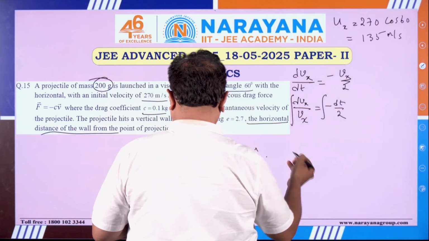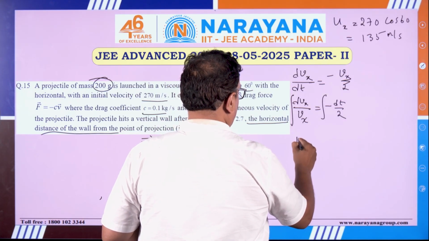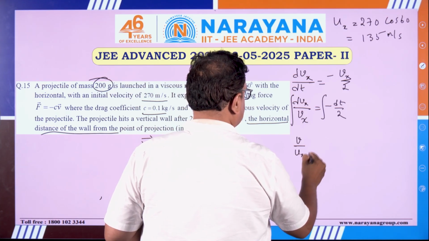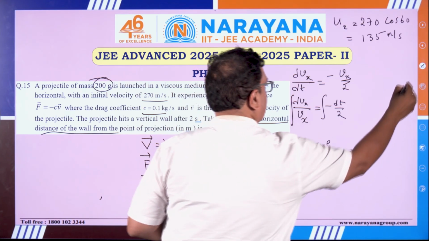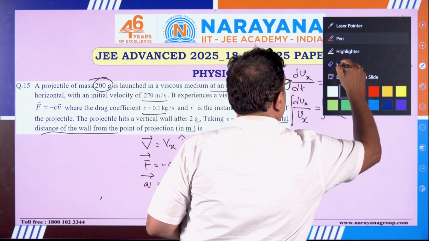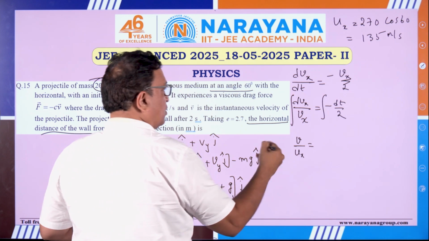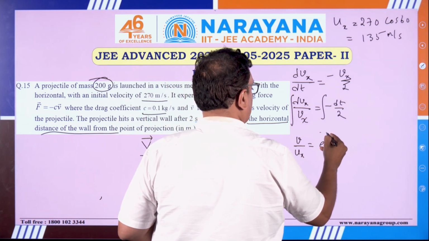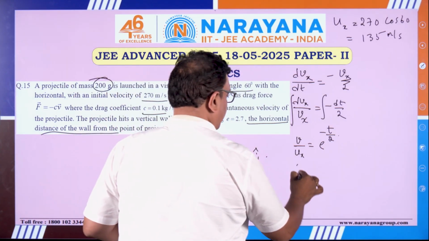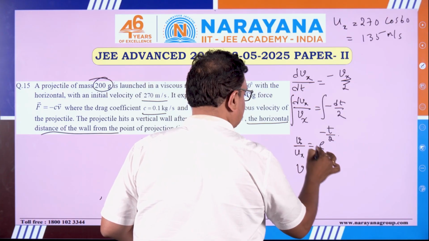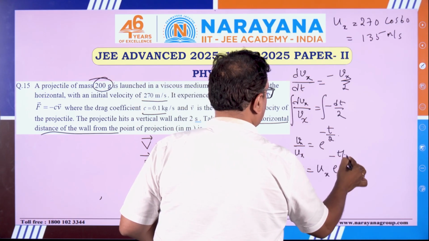What I got is V by Ux is e power minus t by 2. So you have V, in fact Vx, as Ux times e power minus t by 2.